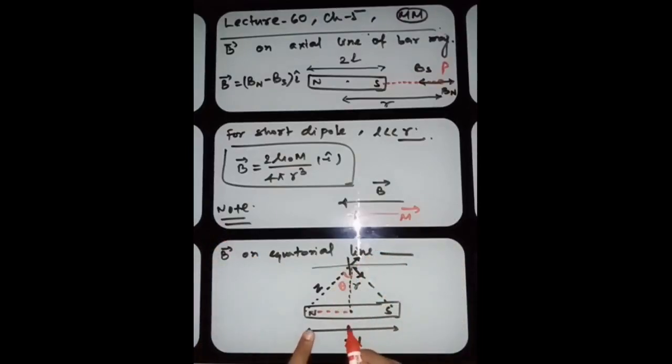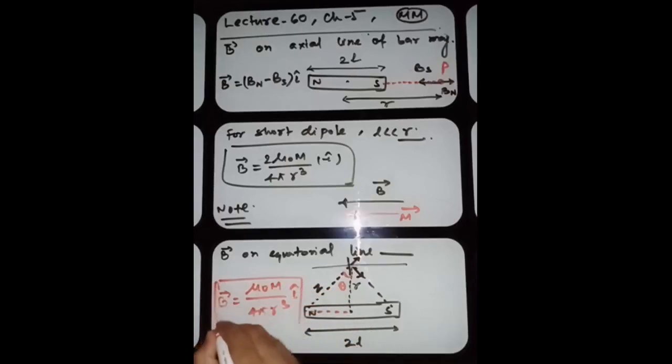In case of a short dipole, this length L will be much smaller than R, and that L will be cancelled out, and you will find the result. In case of the equatorial line, mu naught M by 4 pi R cubed, and the direction will be i cap. This will be your result.